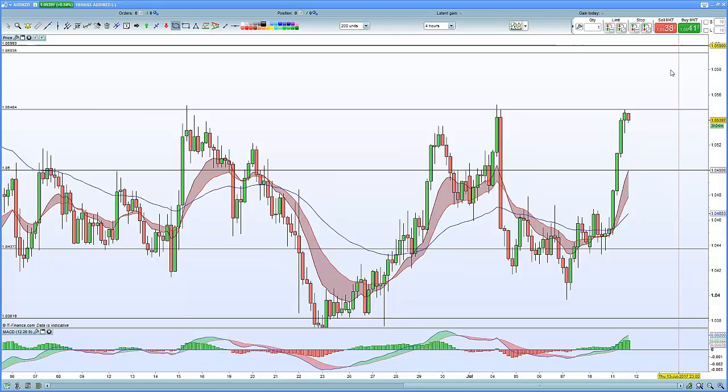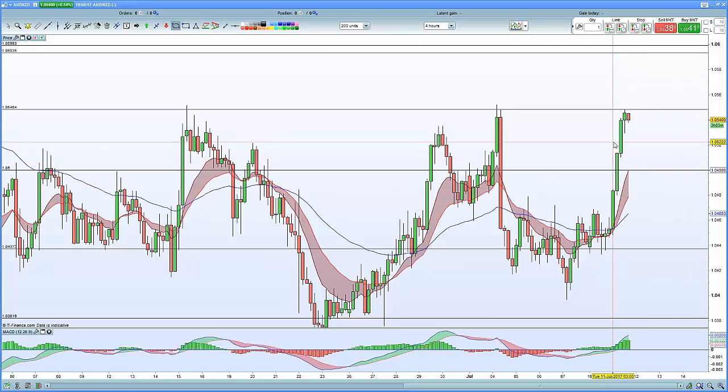Why? Because of the 4-hour chart. If you look at the moving averages on the 4-hour chart, this is Aussie Kiwi, you notice that the momentum is still not there. Price has pushed up quite a bit, five green candles, but the momentum is still not there because the moving averages are still not aligned to the upside. And the shortest term moving average, the 10 moving average I have here, is quite a distance from the price.